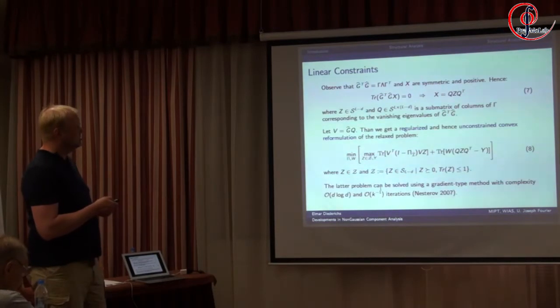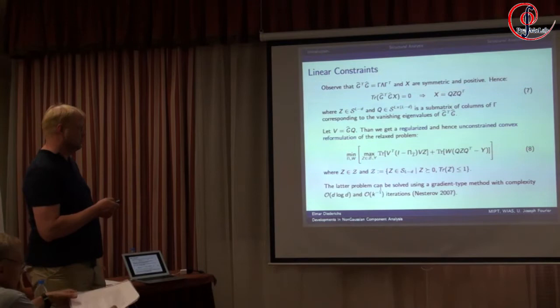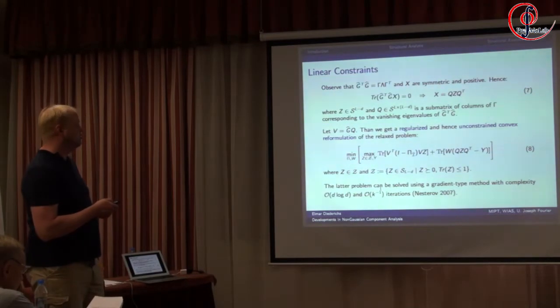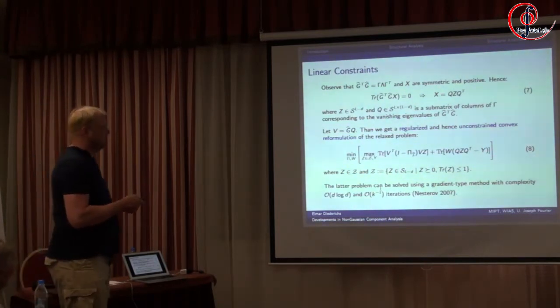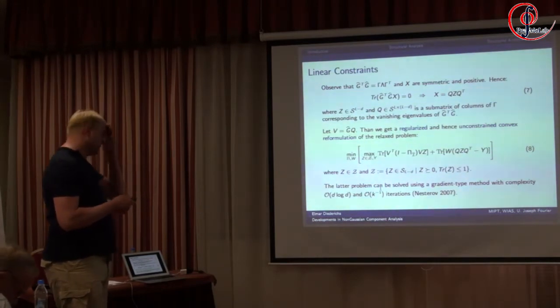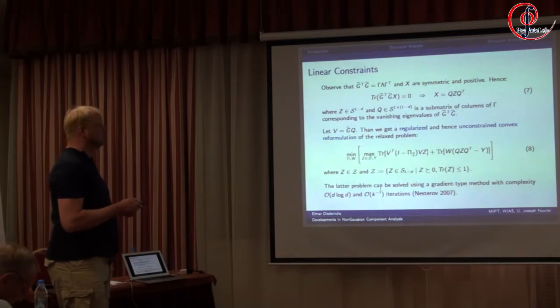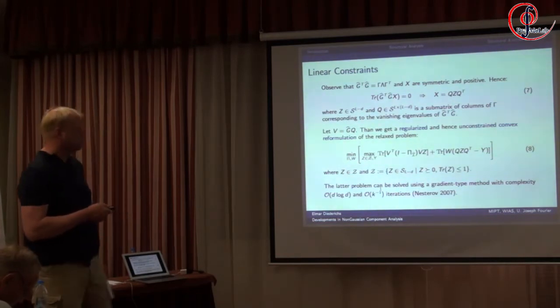We know that the complete problem acts on the kernel of G, and if we use an eigenvalue decomposition of G transpose times G, we can introduce a submatrix Q built from the columns of gamma, the orthogonal transformation matrix of the eigenvalue problem that corresponds to the mentioned eigenvalues of this product.